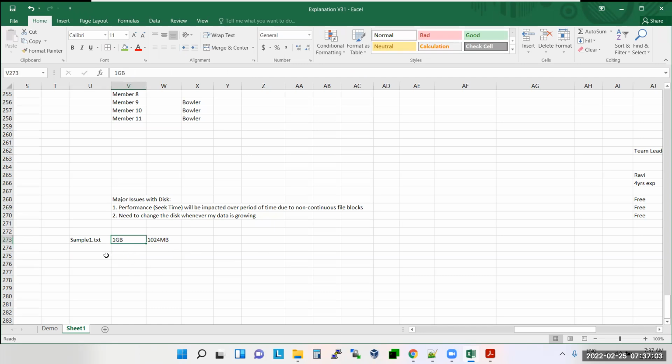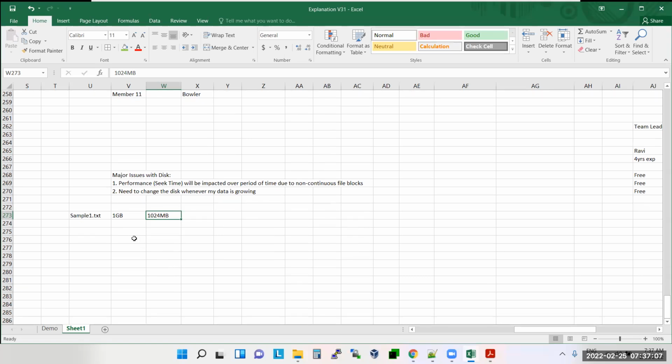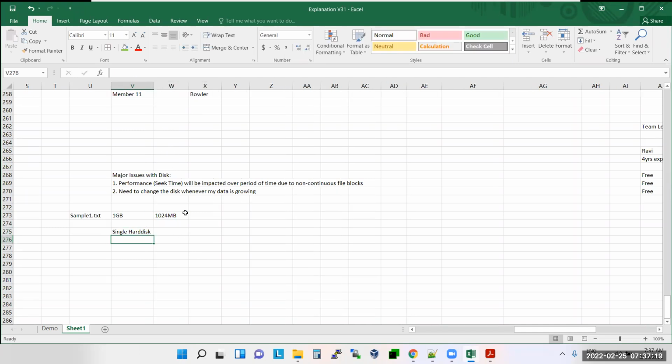The size of this file is 1 GB, which is 1024 MB. Now I am putting it in a single hard disk, writing the entire data into a single hard disk. So it means the entire work is on a single hard disk. Now this single hard disk will have to do the writing.